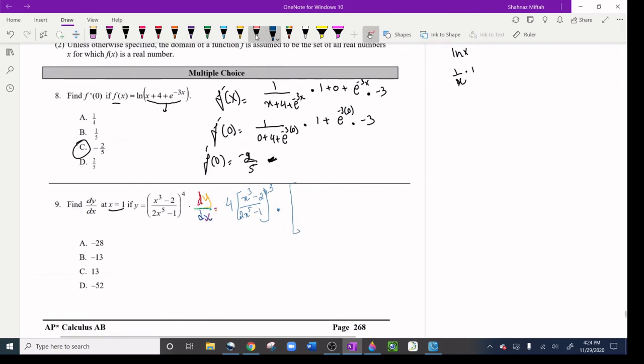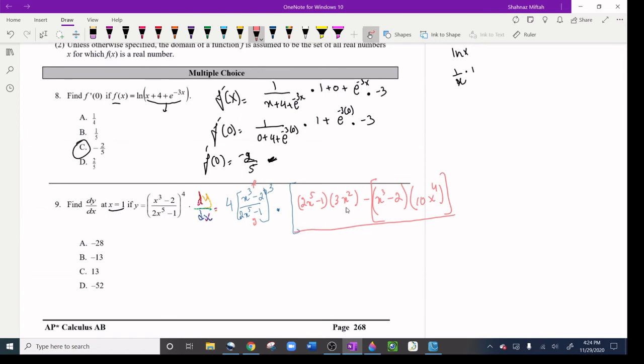According to the quotient rule, this is f and that's g. So g stays as it is, 2x to the power 5 minus 1, times the derivative of f, which is 3x squared, minus f as it is, x cubed minus 2, times the derivative of g, which is 10x to the power 4, and done.